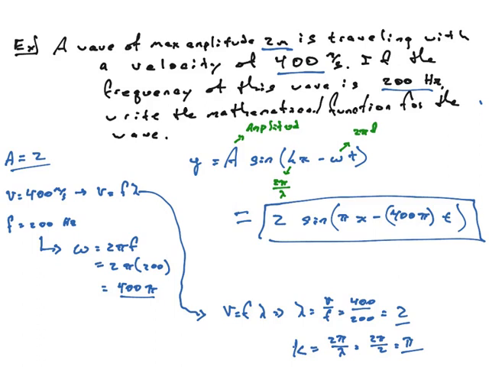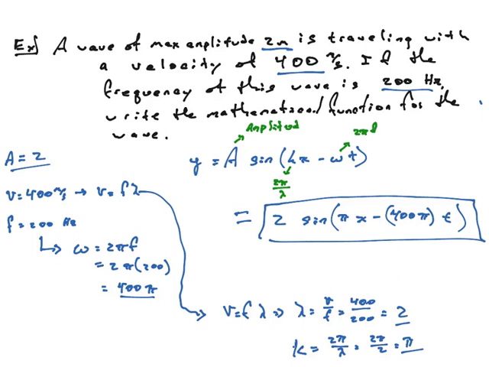What is the max amplitude? What is the velocity? What is the frequency? What is the wavelength, the wave number, the angular frequency? Things like this, you should be able to take the information and get the stuff that you need for your problem. And vice versa.